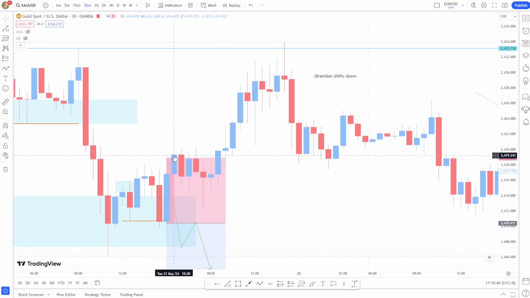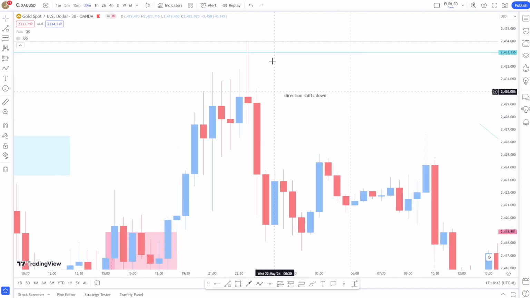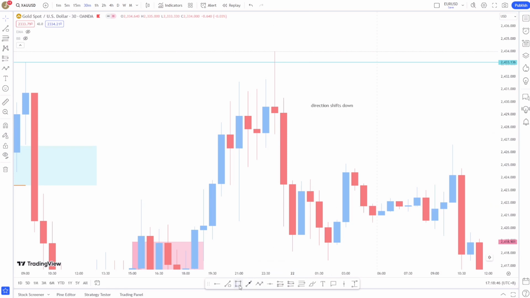So just keep following price. Bullish price action, and at this point we see a bearish candle breaking the support or demand. So once this candle closes here at 11:30, this is the New York session.